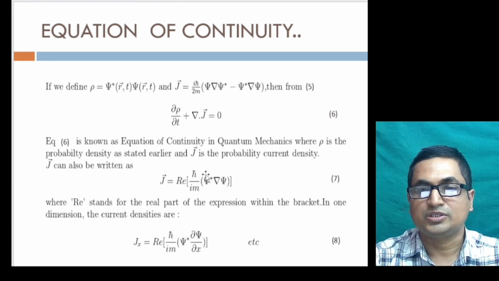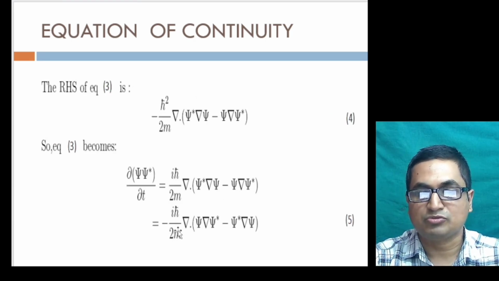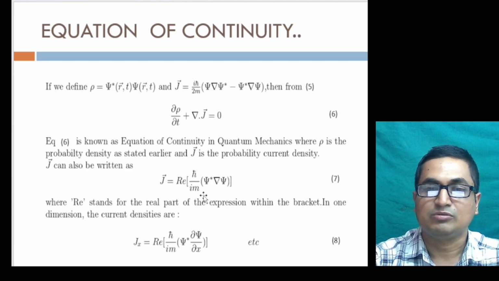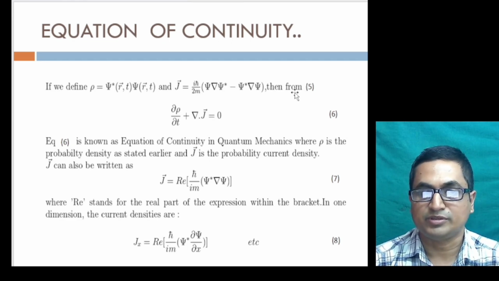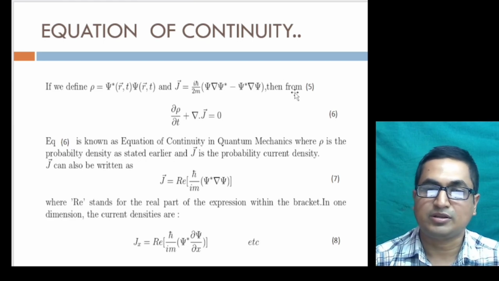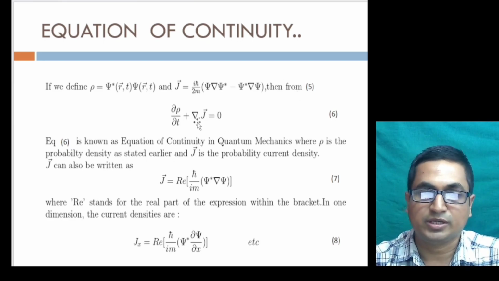If we put iħ by 2m here, this part times the expression within the bracket gives us j, and equation 5 now becomes this one, bringing the right-hand side to the left-hand side, and we get an equation.